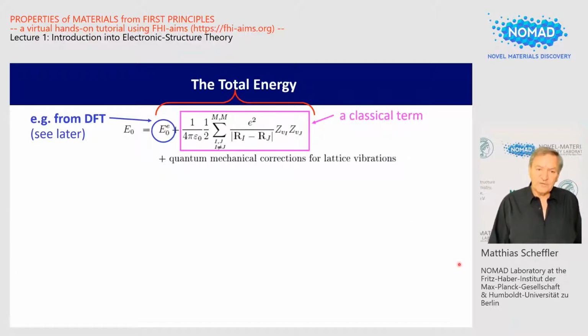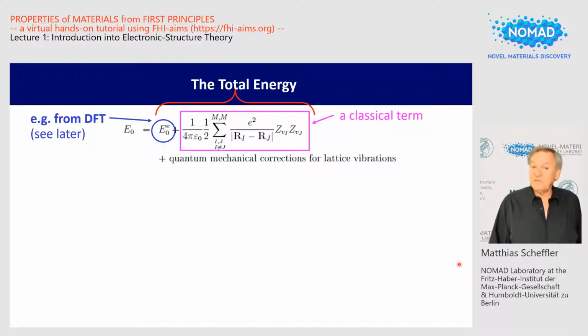So the first thing is from DFT, as we'll discuss in a moment. The second part in the Born-Oppenheimer approximation is a classical term. It's the expectation value of the nuclear potential, which can be evaluated with the Ewald summation technique.